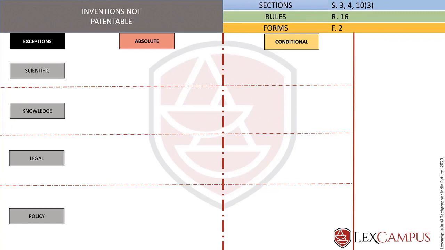Now let's try to classify all the sections within this what we call matrix. Now the first is what we have, section 3 subsection A. And if you read, now I want you to read the subsection 3A. It talks about natural laws.